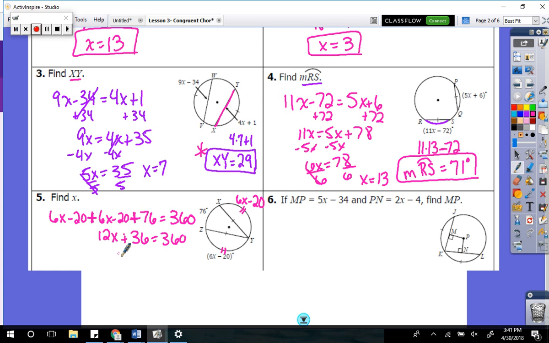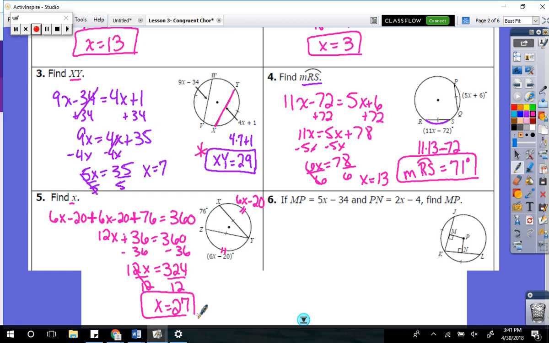I'm going to take away 36 from both sides. 12x equals 324, divide by 12. X is equal to 27. And we were looking for x, so that's our final answer.